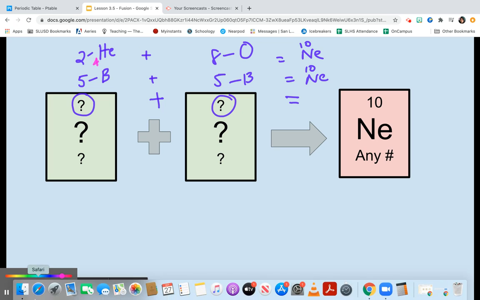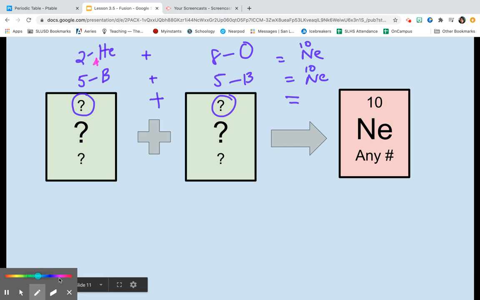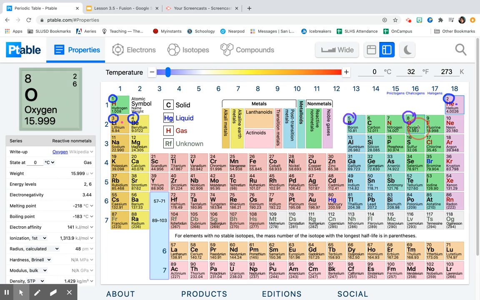For oxygen, if I check my periodic table and round to the nearest whole number, oxygen is 15.9. 9 is greater than 5, so I'm going to round up to 16.